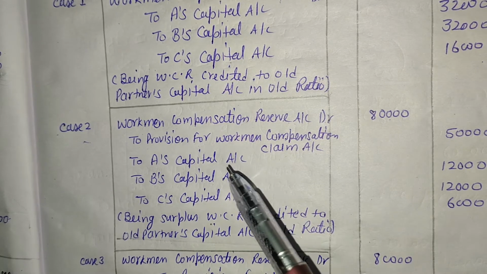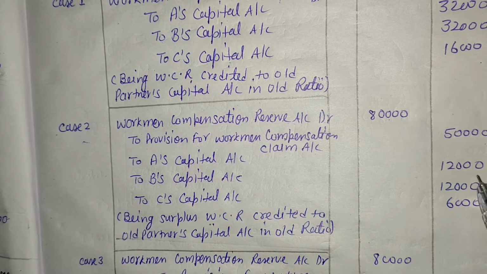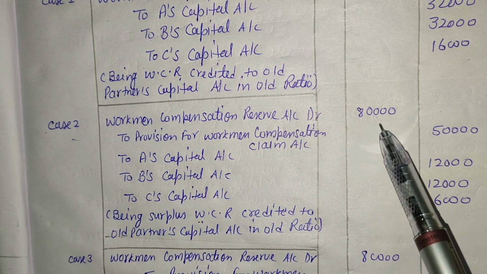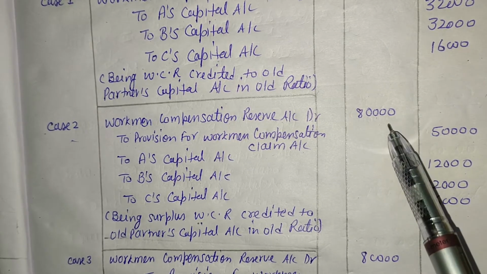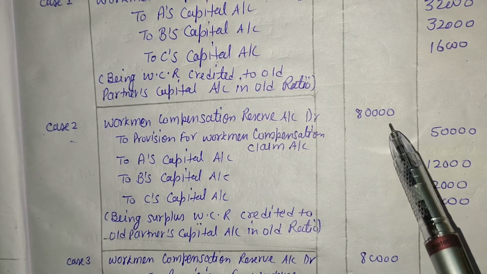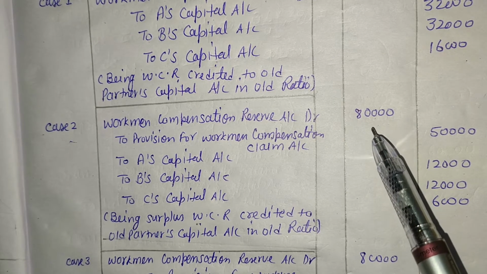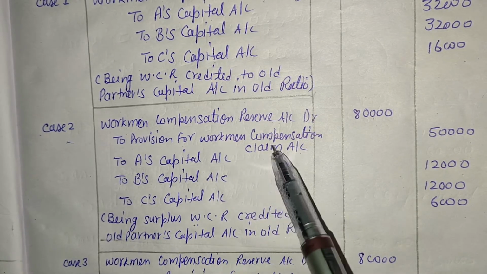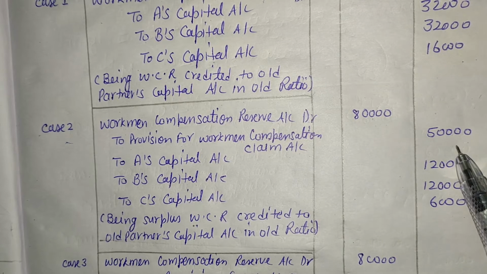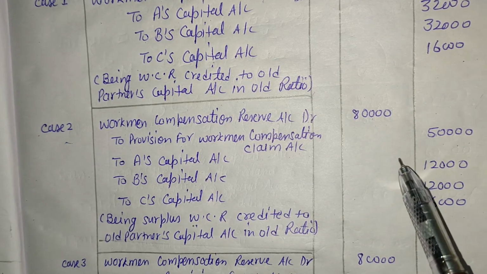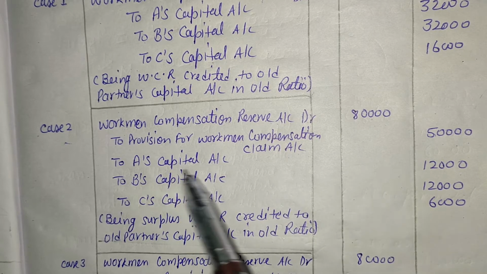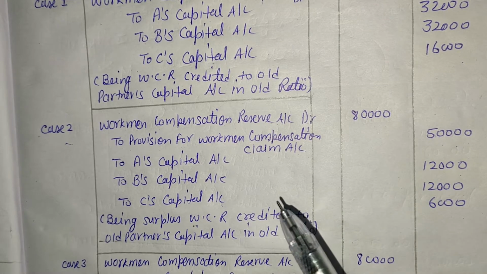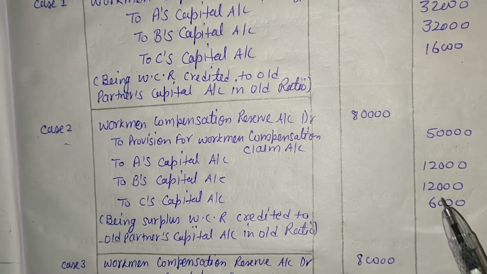So that 30,000 divided in the ratio 2:1 means 12,000, 12,000, 6,000. It means overall the workman compensation reserve account given in the balance sheet is rupees 80,000, and with the additional information of 50,000, we credit provision for workman compensation claim account by rupees 50,000, and the difference of both, that is 30,000, is divided among the partners' capital accounts, to A's, B's and C's capital accounts in the ratio 2:1. It means 12,000, 12,000 and 6,000.